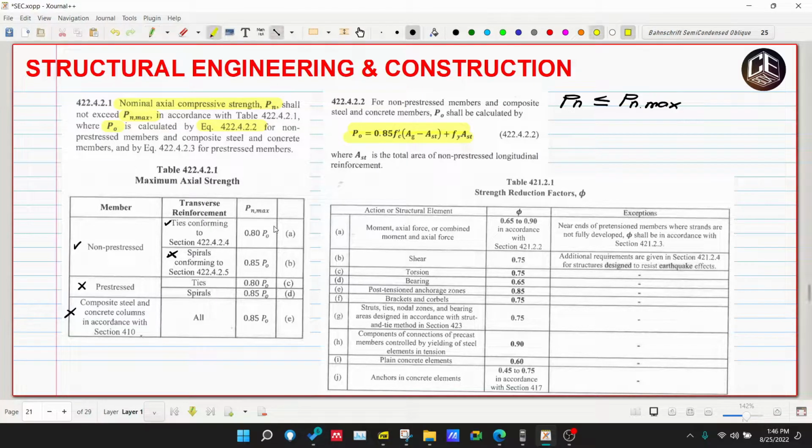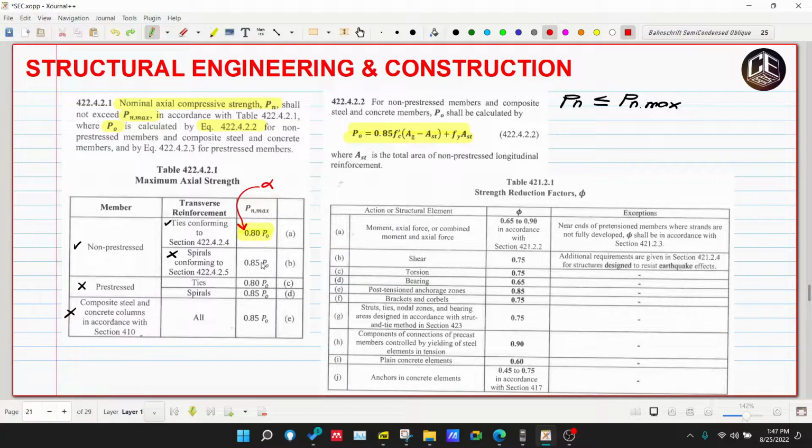So ang gagamitin natin na Pn max is equivalent to 0.80. Actually, itong 0.80 na to is yung tinatawag nating alpha. Ang alpha kasi is also a reduction factor sa column. So, yung ating alpha ay nagbabago depende kung anong type of transverse reinforcement ang ginagamit ng ating column. Kung tied, 0.80.